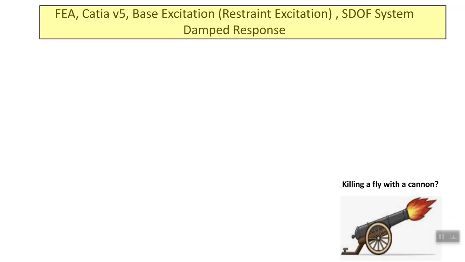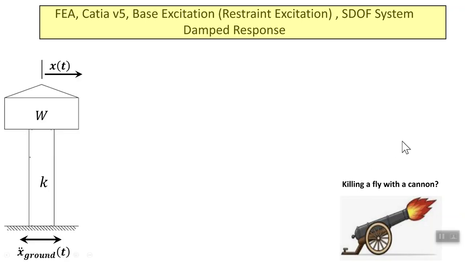This particular problem is the base excitation, or restraint excitation, as Catia calls it. There is no force involved, but you have to give the description of the acceleration of the base, and from that you have to infer what the displacement and the velocity, etc., of the mass is.